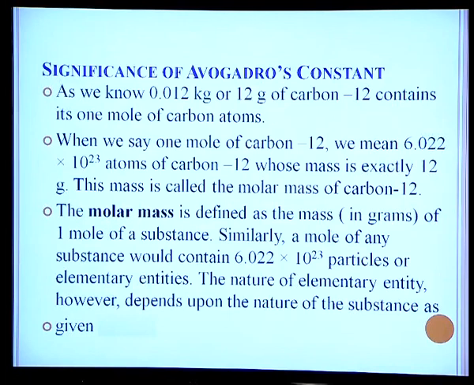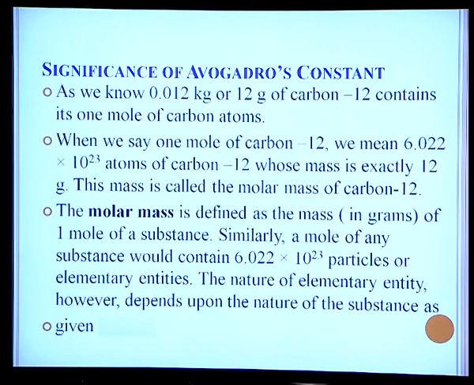As we know, 0.012 kg or 12 gram of carbon-12 contains 1 mole of carbon atoms. When we say 1 mole of carbon-12, we mean 6.022 into 10 to the power 23 atoms of carbon-12 whose mass is exactly 12 gram.